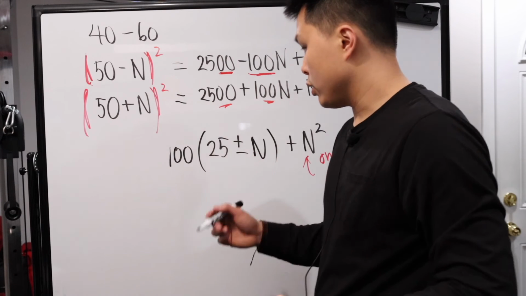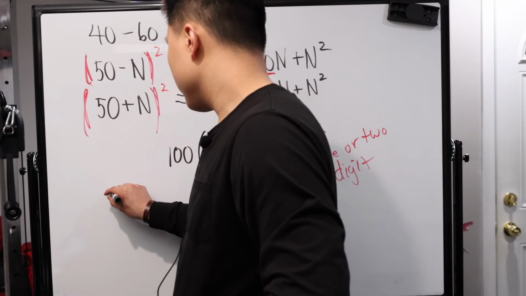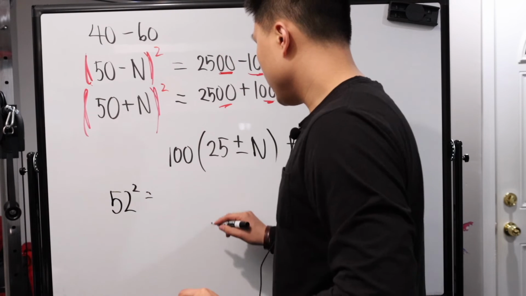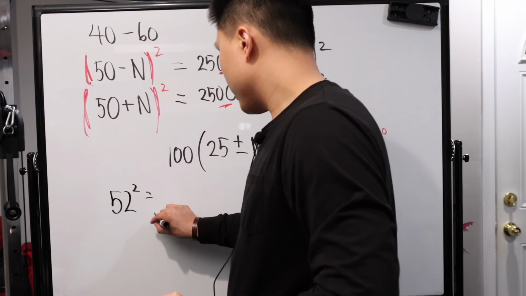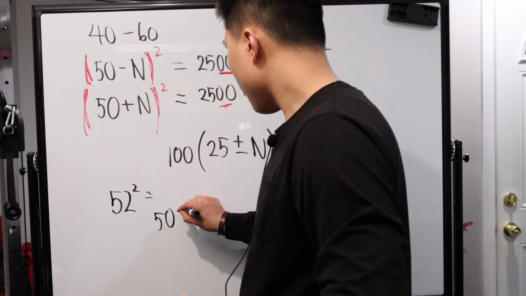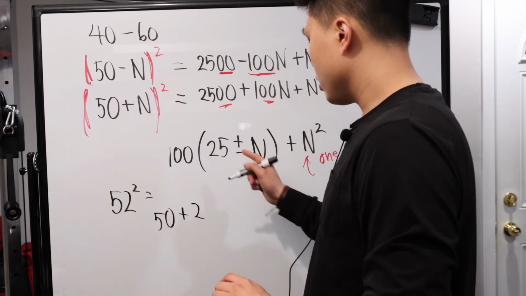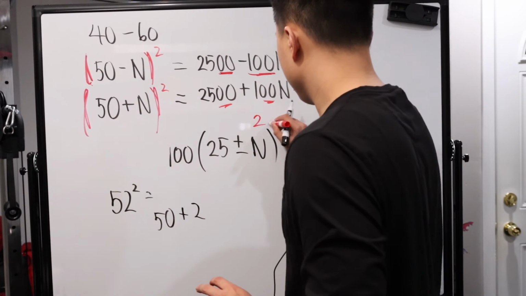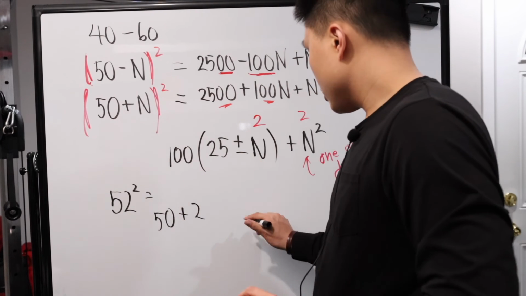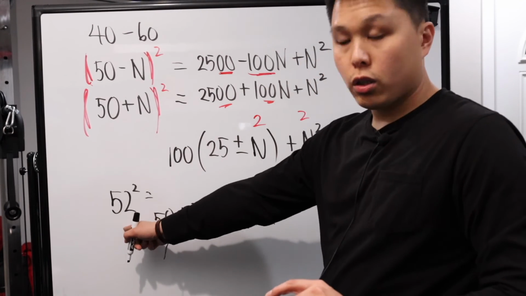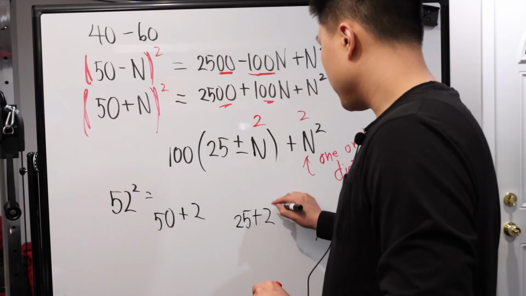So let's just look at this really quickly. This was one example that we did before. 52 squared, once again, right? It's basically going to be 50 plus 2, right? The 2 is the something. So basically, let's just look at what happens if we put in 2 here. We're doing 25 plus 2 because once again, it's greater than 50, right? That's going to be 27.